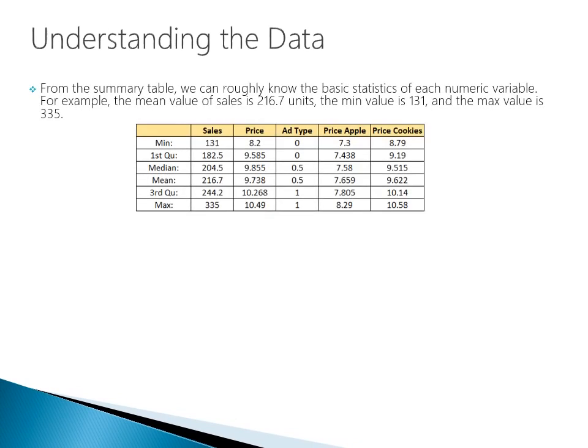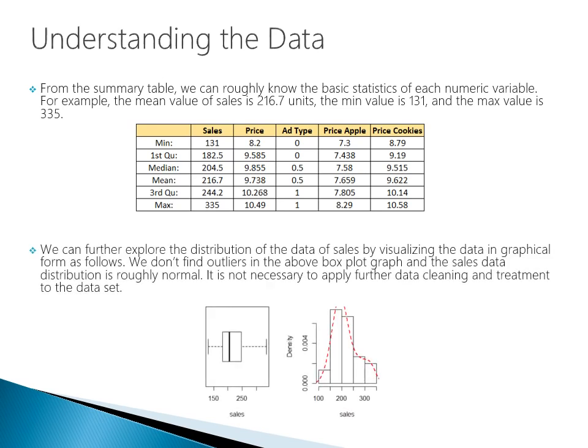One important aspect is to create some summary statistics, and we'll draw from these later on in the example. A simple summary shows that the mean value of sales of grape juice is 216.7 units, the minimum value is 131, and the max value is 335. We can further explore the distribution of the sales data by visualizing it in graphical form.